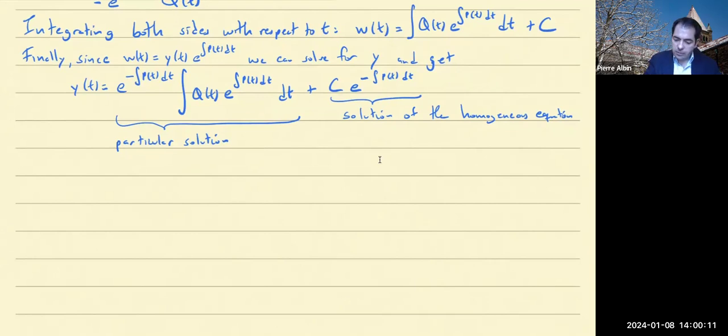Oh, actually, before I write down the recipe, let's just stare at this a moment. So one thing that might be confusing is you might think that this exponential cancels with this exponential, but they do not. So why don't they? Well, remember this notation just means some antiderivative function, right?